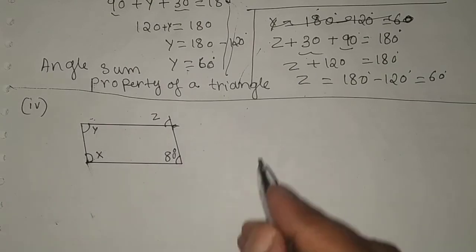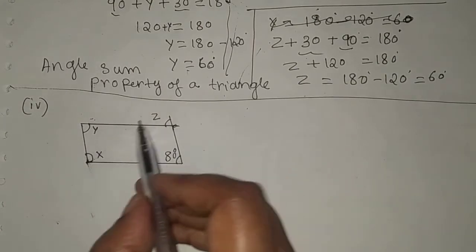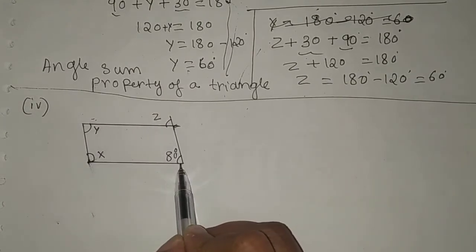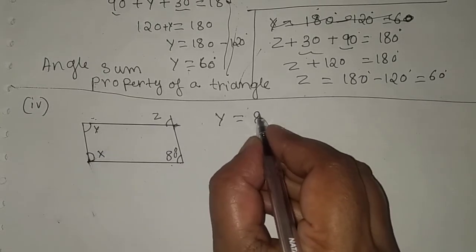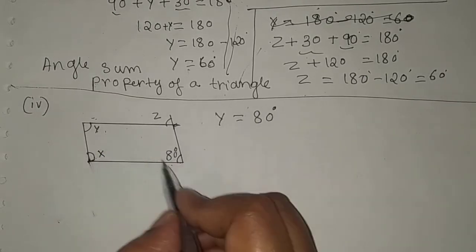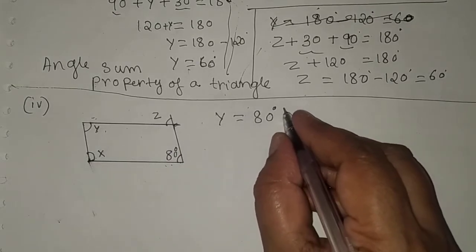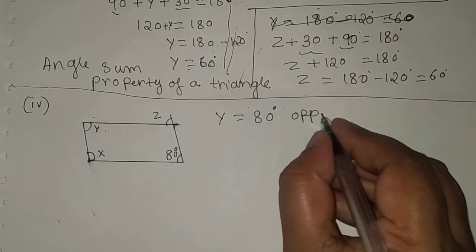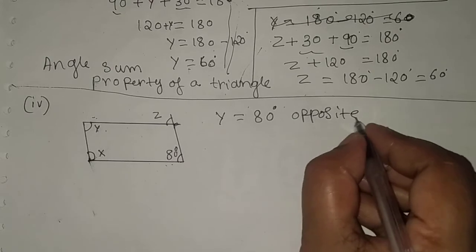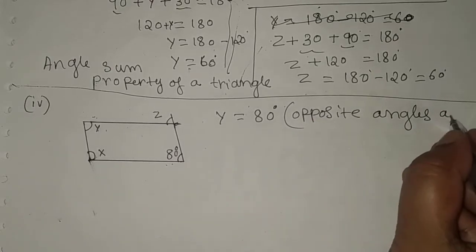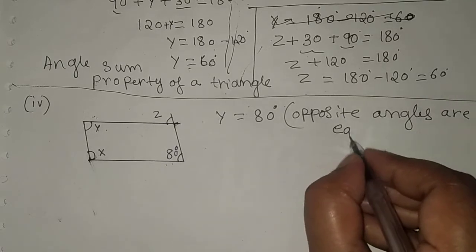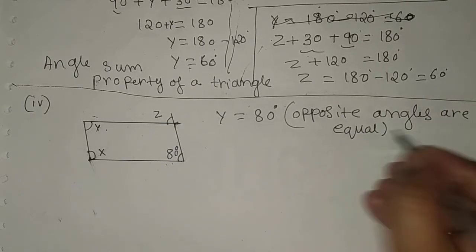Fourth one we have, that is here Y, Y is opposite, Y is equal to 80 degrees. So opposite of this one is opposite angles are equal. So we got this one as opposite angles are equal.